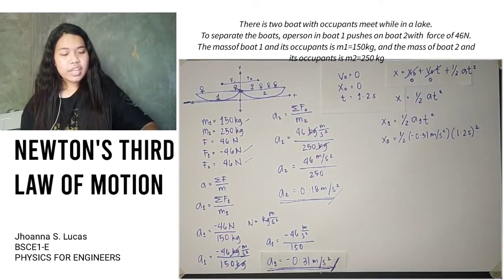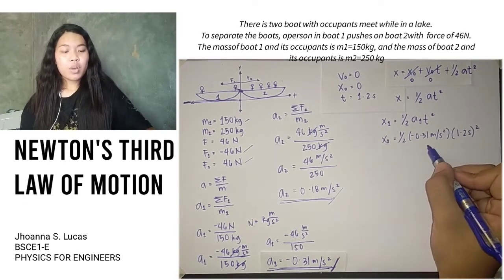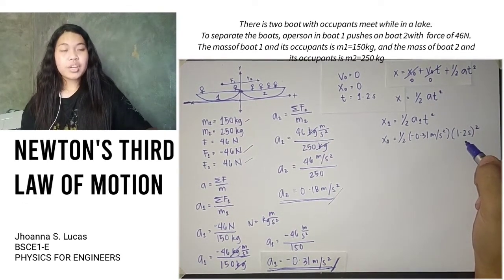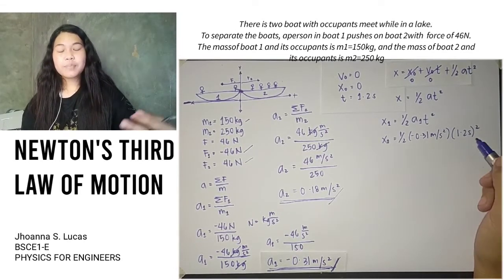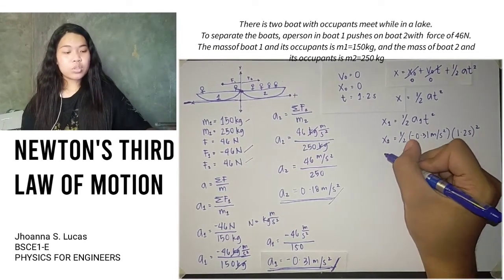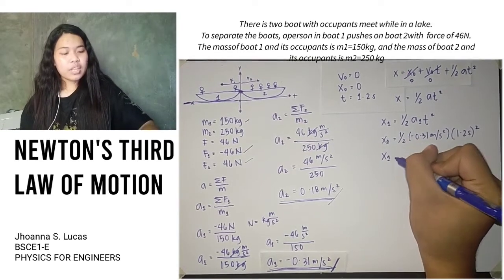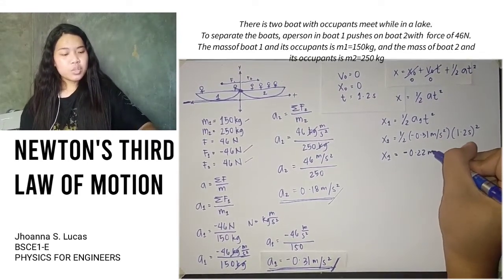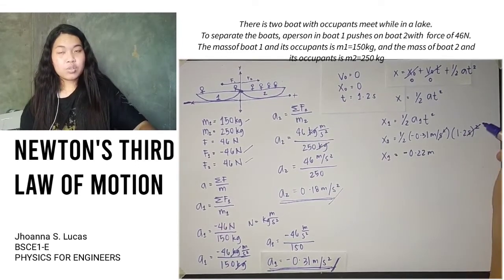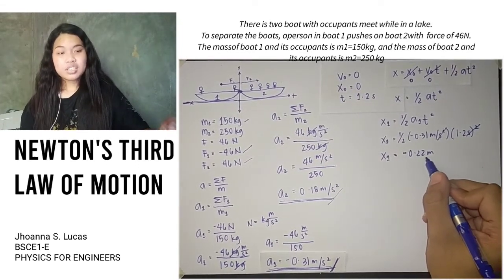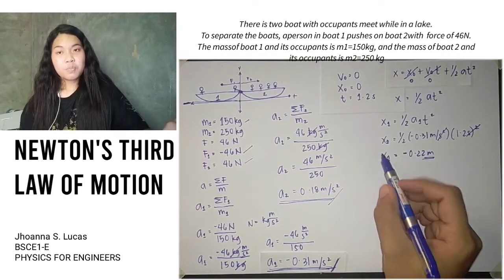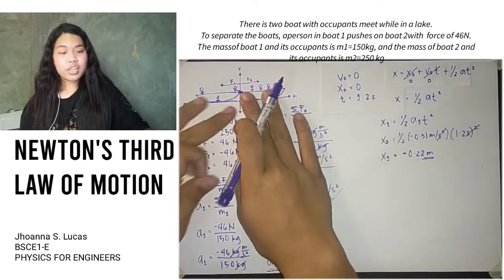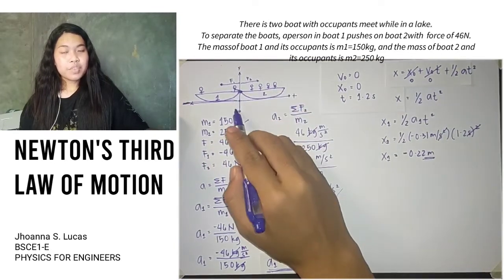So calculating this, 1/2 times negative 0.31 meter per second squared times 1.2 seconds squared is equal to negative 0.22 meters. Since we cancel here the seconds, we just get the unit meters, since this is the separation of the boat or the distance from the origin.